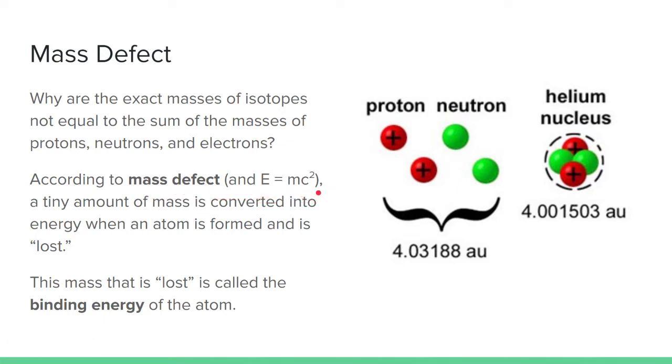Einstein came up with an equation that said sometimes matter can actually be converted into energy. So when protons and neutrons connect together inside of the nucleus, some of their mass is lost in the form of energy, and that energy that is lost is called binding energy. The most important thing that we need to know is the mass of individual atoms very rarely will come out to be whole numbers in terms of their atomic mass units.